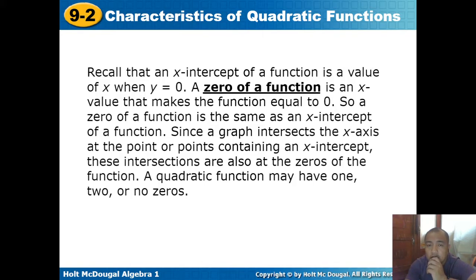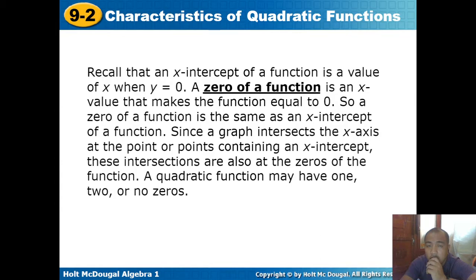So it says here, the zero of the function is just the same as the x-intercept. It is the point of intersection between the parabola and the x-axis. So wherever the parabola touches the x-axis, those are the zeros of the quadratic function.